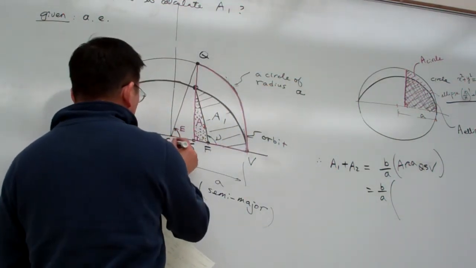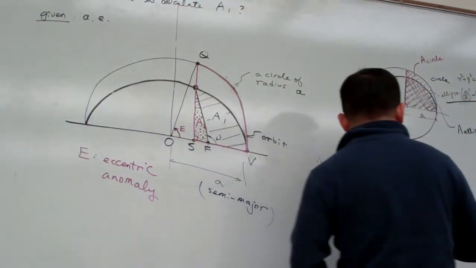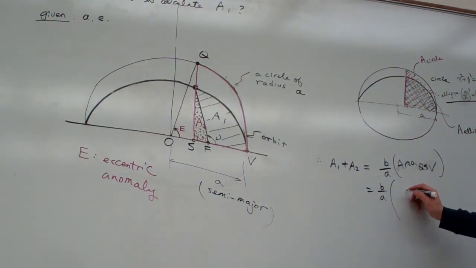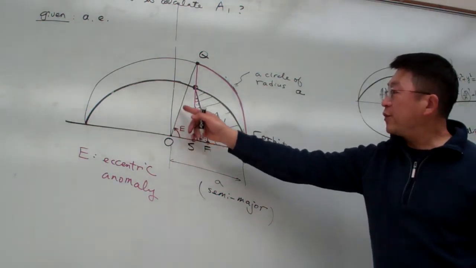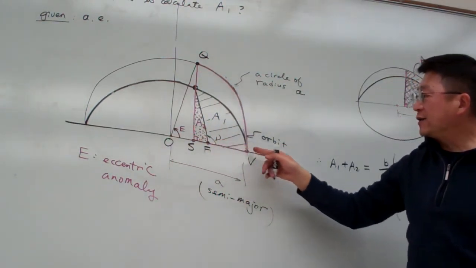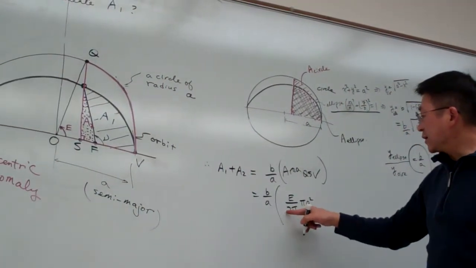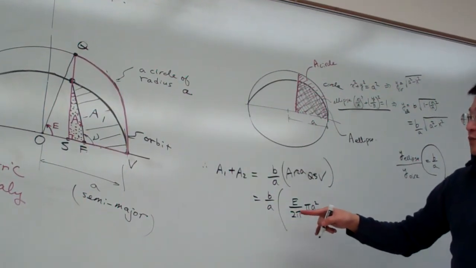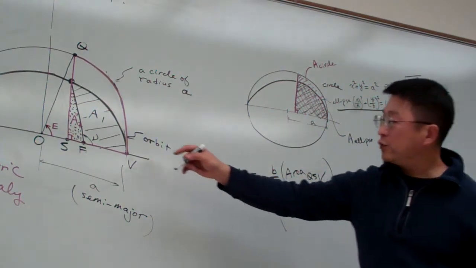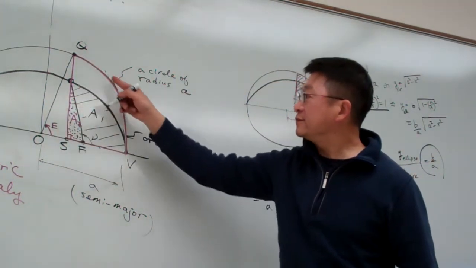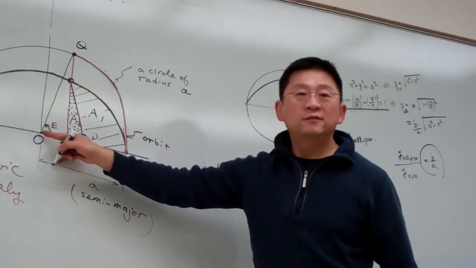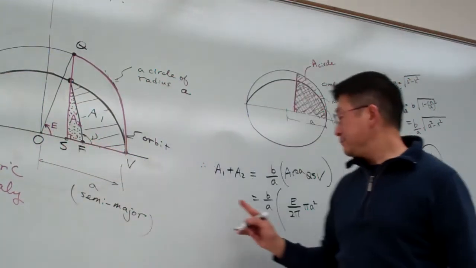Then let me give a notation here. So basically that one equals, for this piece of the pie, how much is that? That is equal to the angle E in terms of radians divided by 2 pi times pi a squared. So again, this is the portion of the pie. Got it?